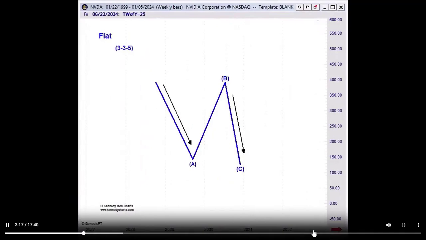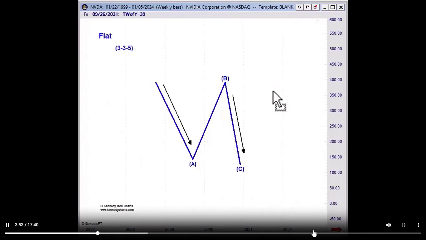Now, when we were looking at the zigzag, you might remember my discussion on slope analysis, where in an idealized version of the pattern, what we tend to see is that wave C exhibits a less aggressive period of decline than what was witnessed in wave A. So that's why the slope of your wave C more often than not, and I'm using air quotes, is going to be less aggressive or more shallow than what was experienced in wave A. Now, when it comes to a flat correction, just the opposite is going to occur.